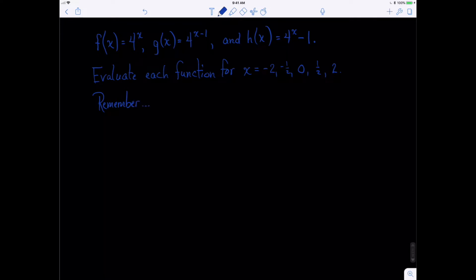Remember, we're going to have negative exponents here. So this will help us to remind ourselves of how to work with those. So we'll look at negative exponents, and we're going to look at fractional exponents.